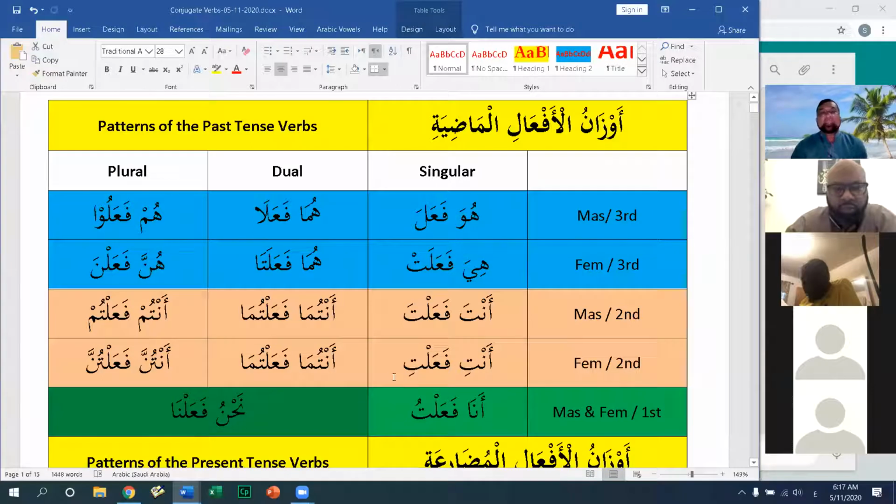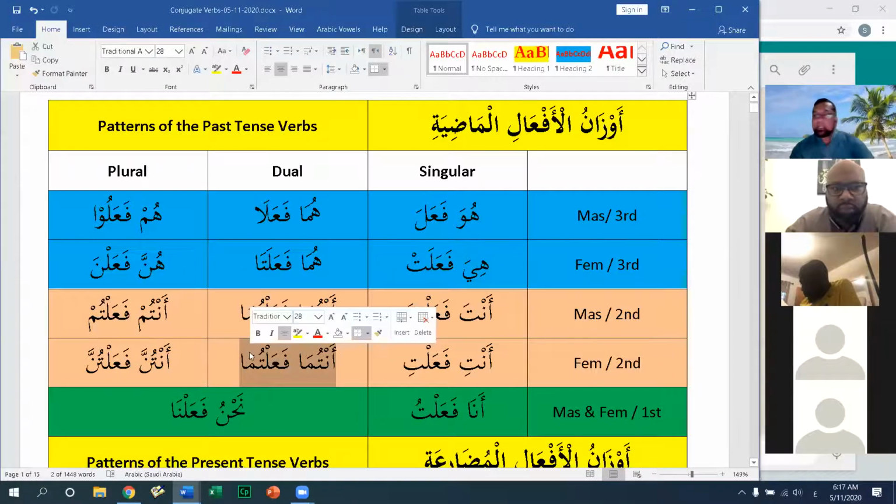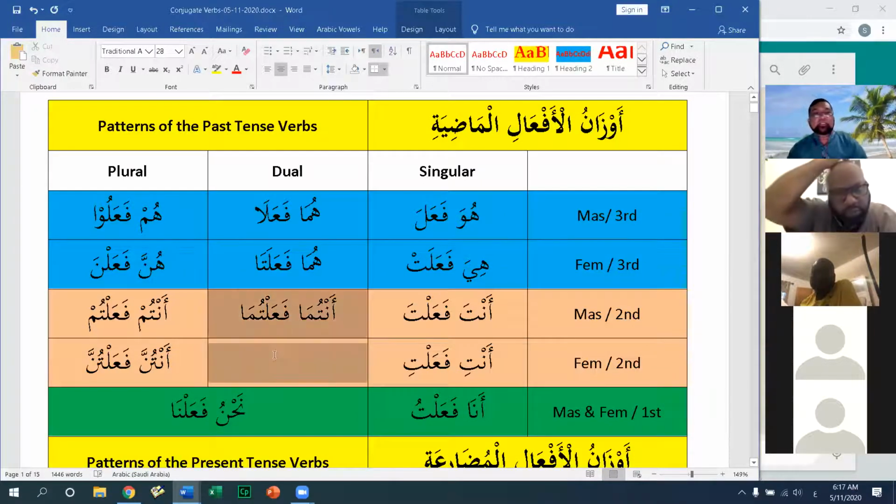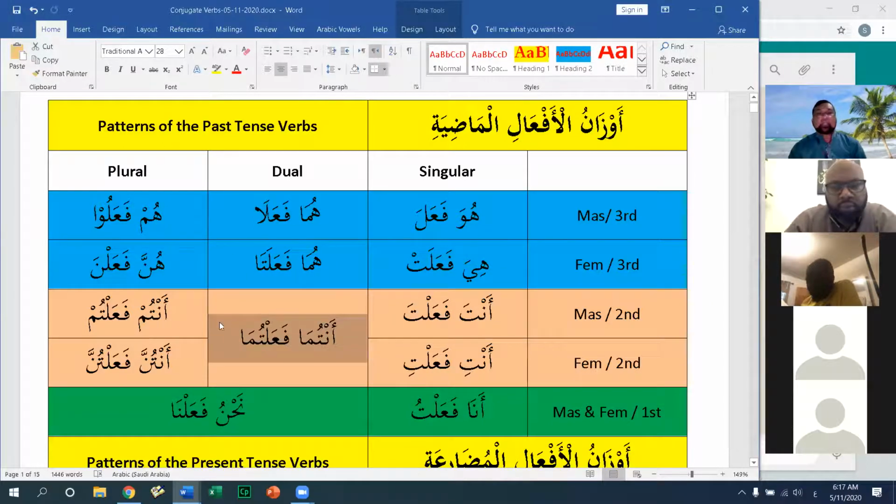Also, incidentally, antuma for second person, whether you're speaking to male or female, it's antuma, the same also. So technically we can do that also and then just merge these two, so that they're the same. And the rest are different.